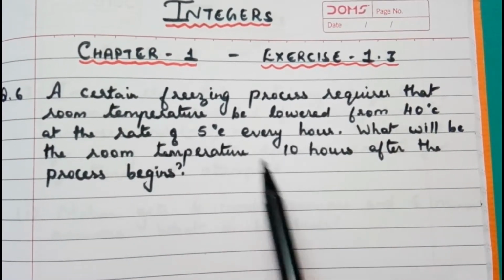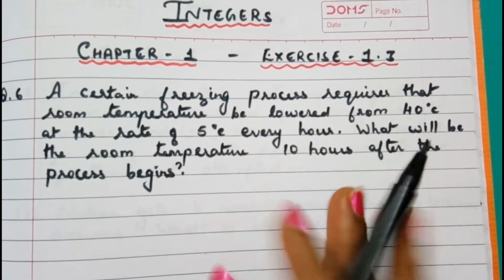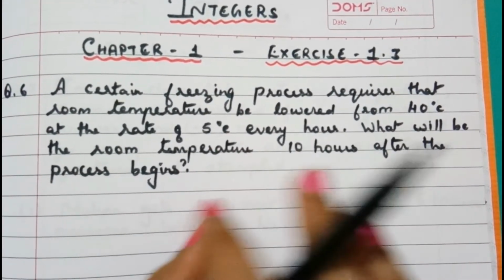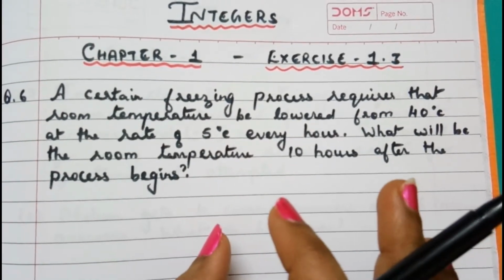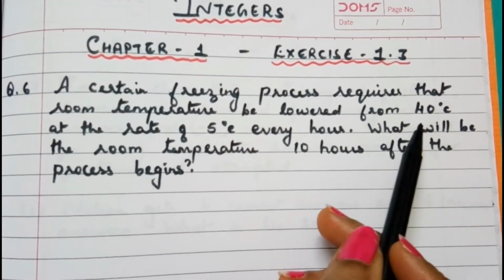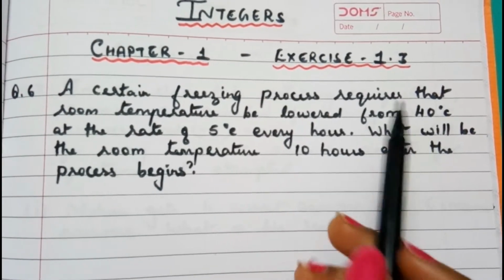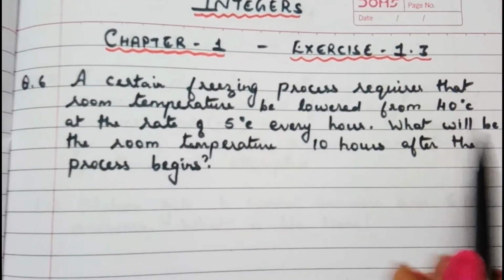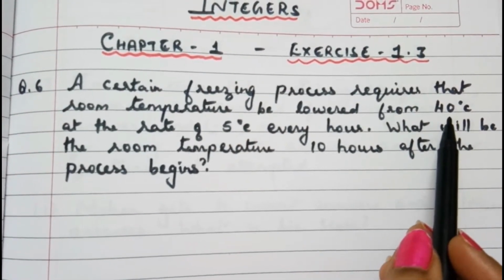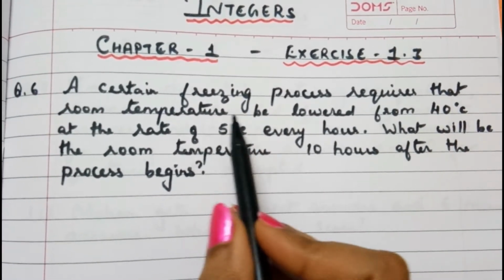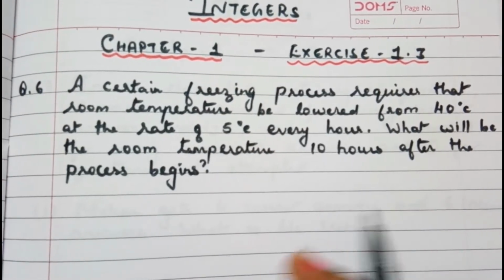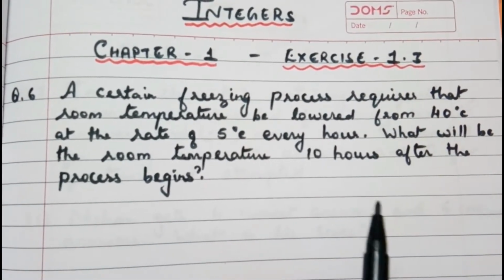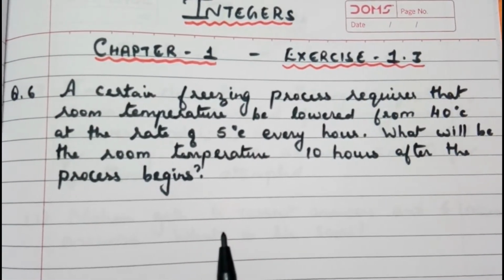So what does this question mean? It says that there is a freezing process which is going on in a particular room temperature which is at 40 degrees Celsius. Now we need to reduce the temperature from 40 degrees Celsius at the rate of 5 degrees, which means we need to reduce it 5 degrees every hour.